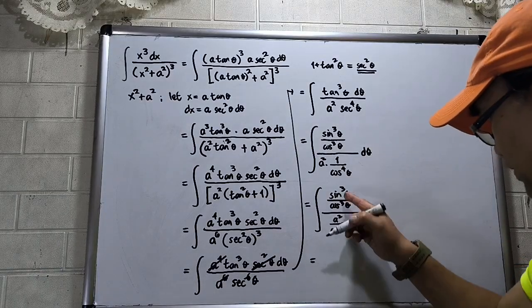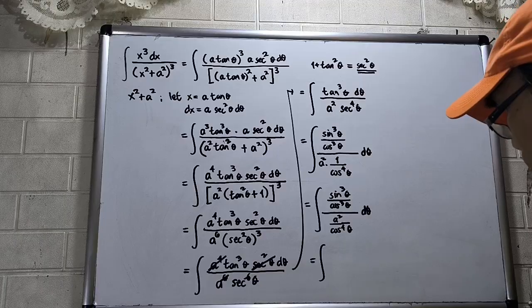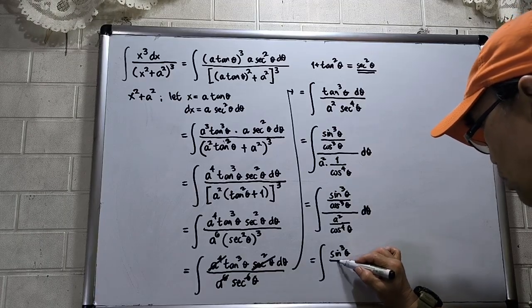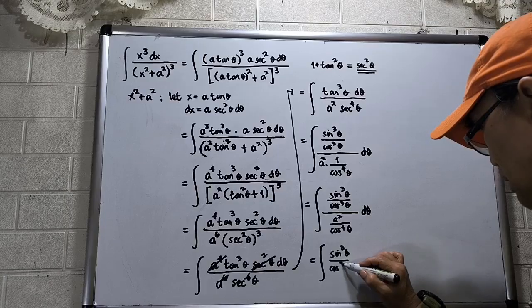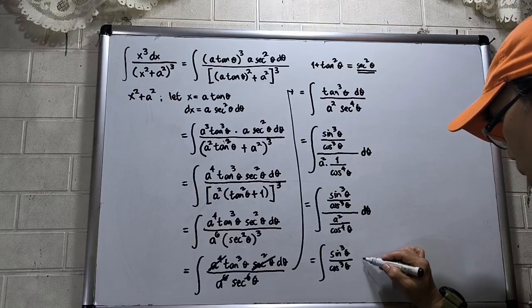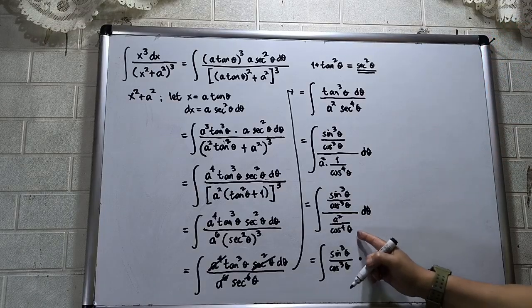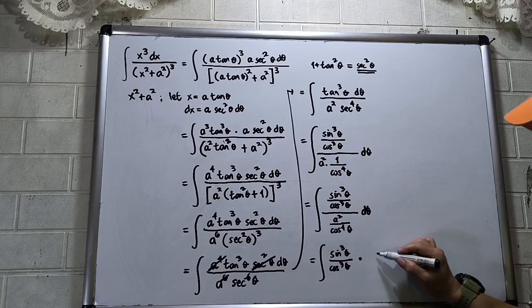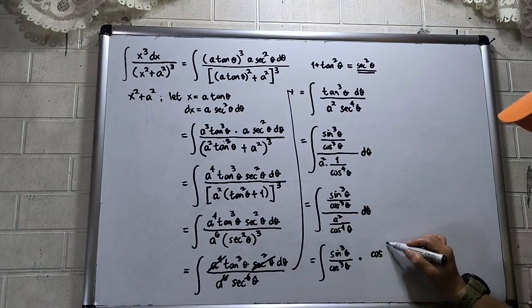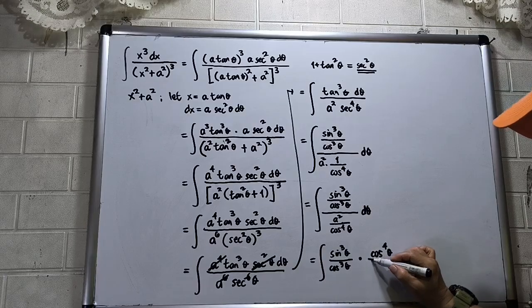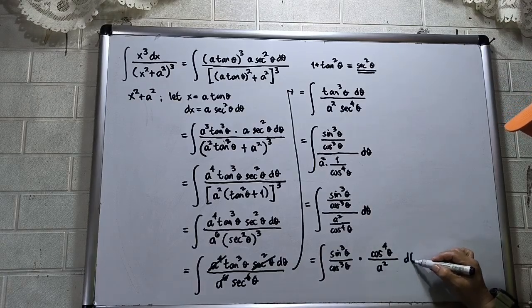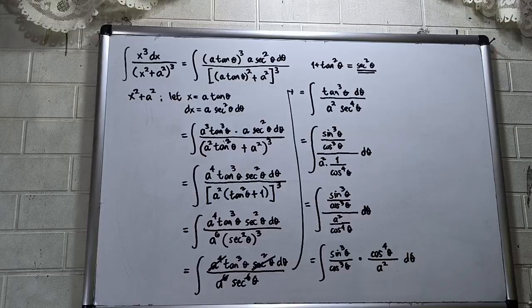So simplify this fraction. So this will be sine cube theta over cosine cube theta times upside down of a squared over cosine to the 4th theta. So this will be cosine to the 4th theta over a squared times d theta. Okay?